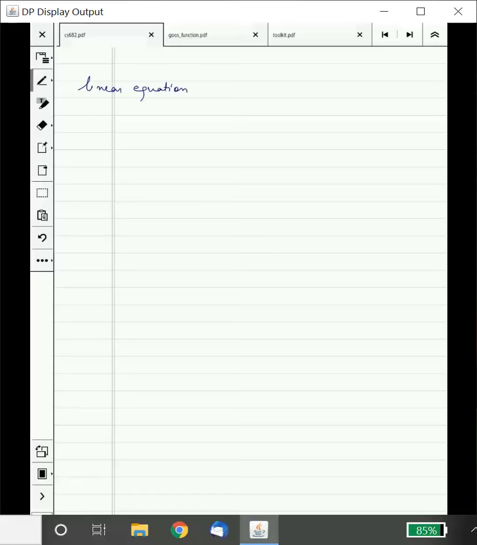This is F2. It is giving me a linear equation, S dot L is equal to 0. This would look like S1L1 plus S2L2 plus up to SKLK equal to 0, where this plus is addition mod 2. I'm talking about field F2.